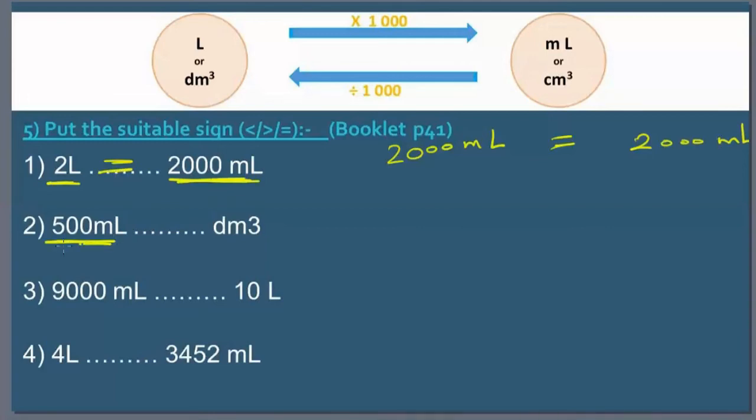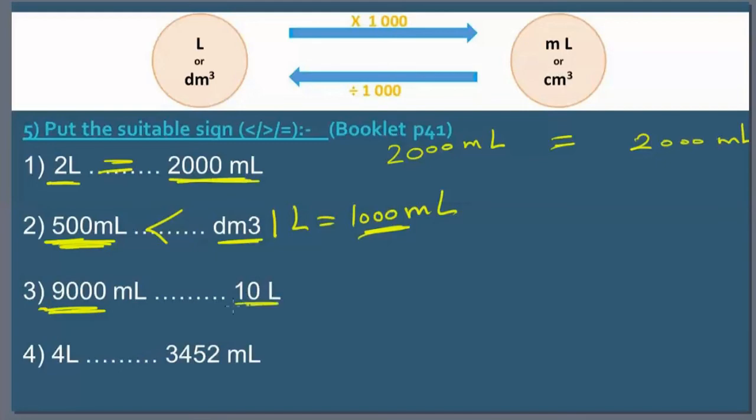Here I have 500 milliliter and a cubic decimeter. Cubic decimeter means 1 liter, and 1 liter equals 1,000 milliliter. So here I have 500, here I have 1,000. So 1,000 is bigger.